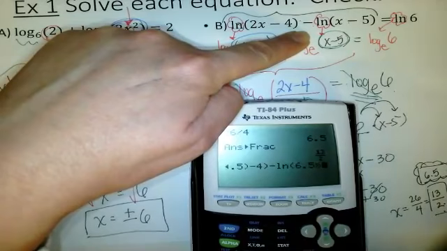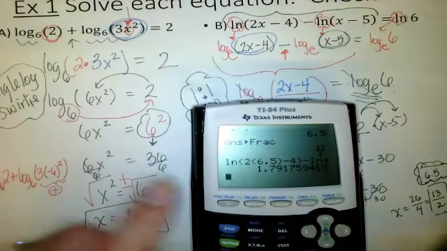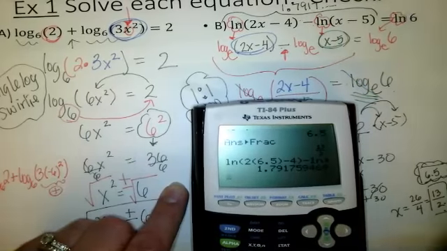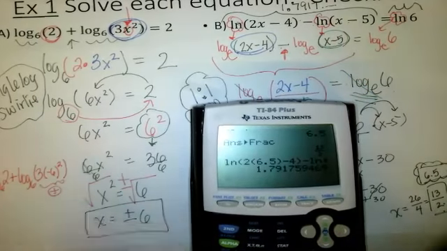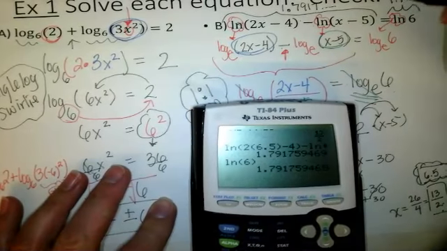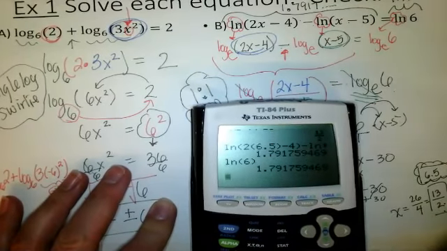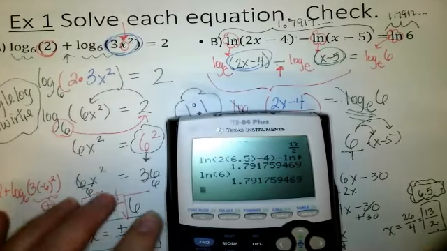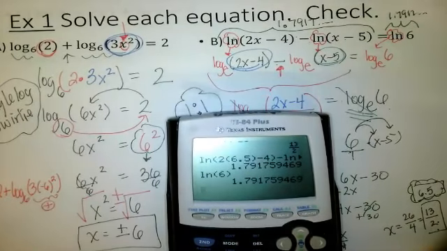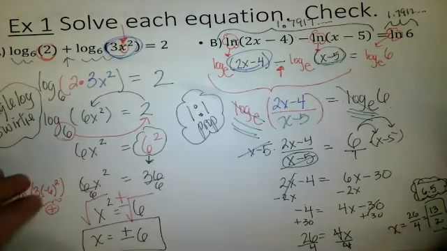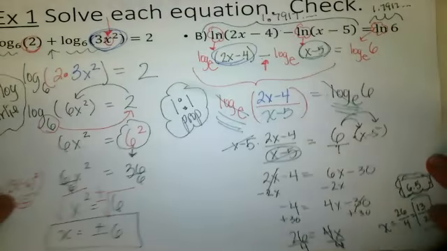Not times, minus 5. And so that whole left-hand side turns out to be 1.7917 and so on. And I'm going to compare that to the right-hand side. Natural log of 6 is the same, 1.7917 and so on. So do they balance? Yeah. And that's how you check. You check for balance. You check to make sure the left side and the right side are equal. Great way to check.